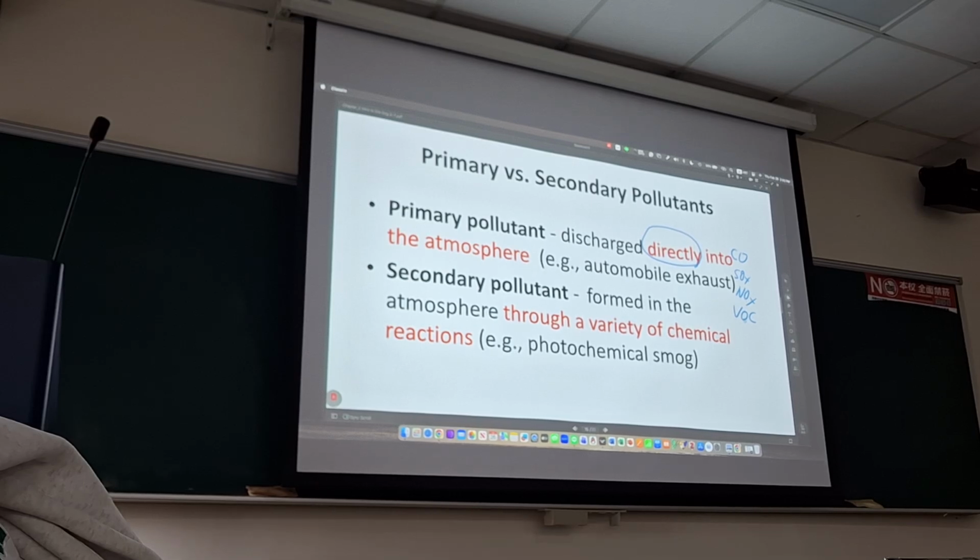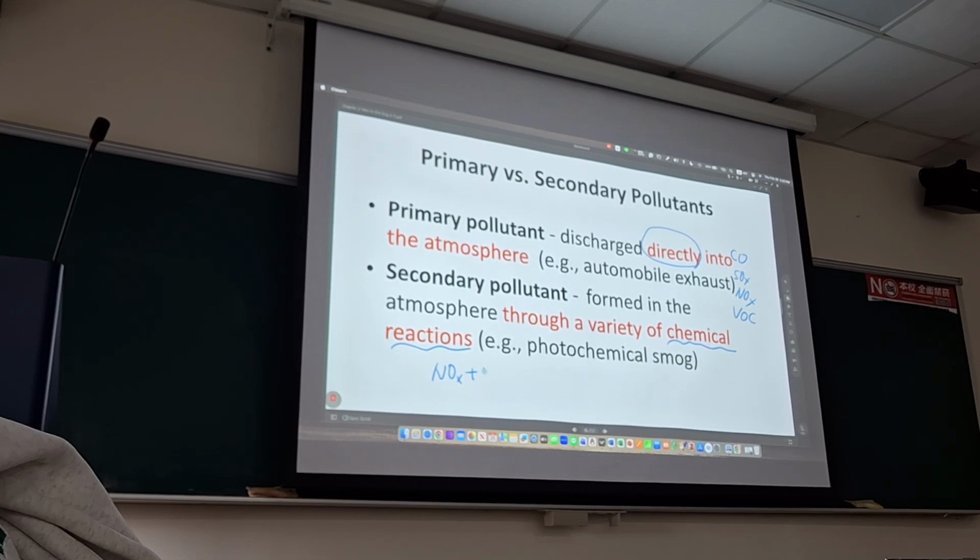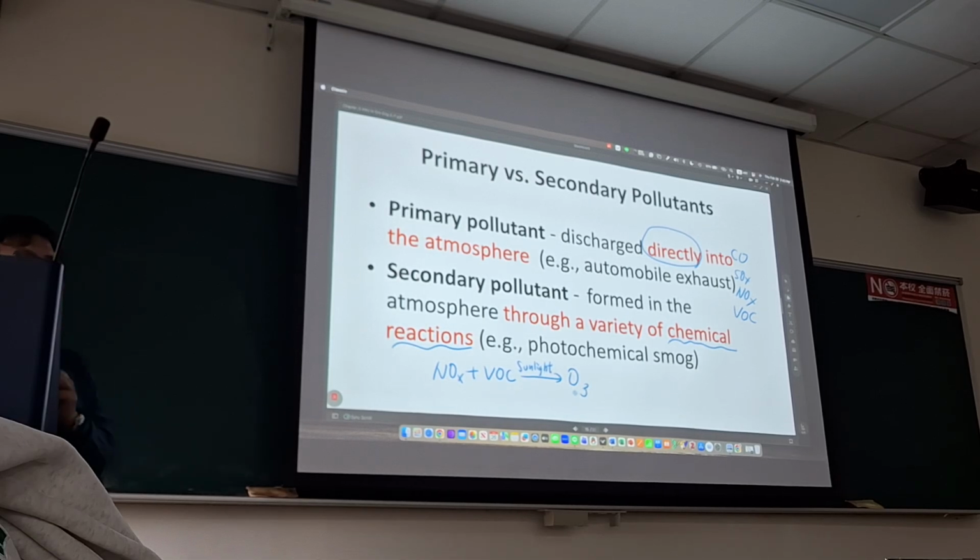And secondary pollutants means those chemicals have some chemical reactions, causing, for example, photochemical smog and acid rain. For example, if NOx reacts with volatile organic compounds in the presence of sunlight, it will produce ozone.